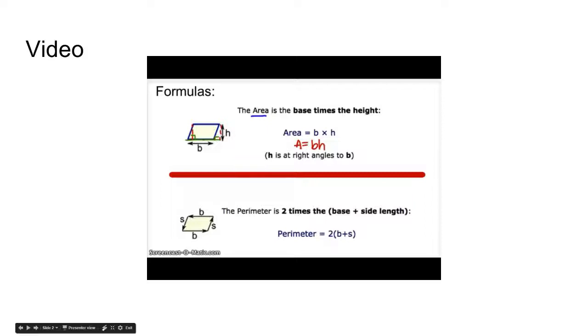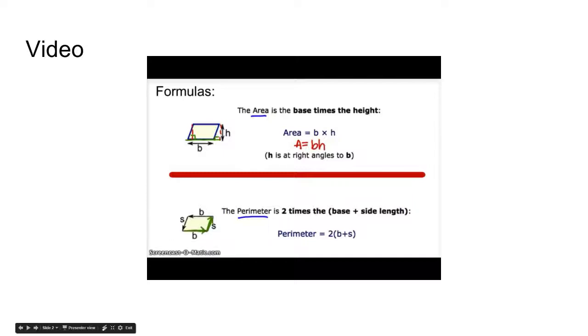The second thing is the perimeter. The perimeter formula is 2 times the base plus the side lengths. So the side lengths are not the red dashed mark that I made up here, not the height, right? It's different. The side length is the diagonal and then also the base.